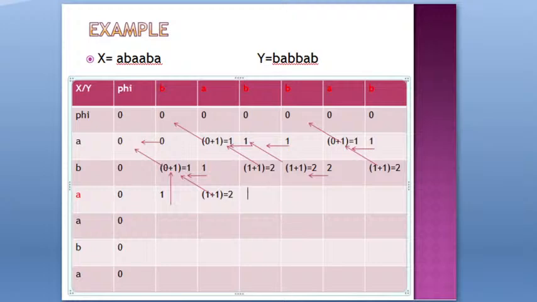So I am taking 2 obviously, and for simplicity I am pointing my arrow towards my left hand side. As both the values are the same, you can take any one of the values, and again for simplicity I am putting the arrow on the left hand side.